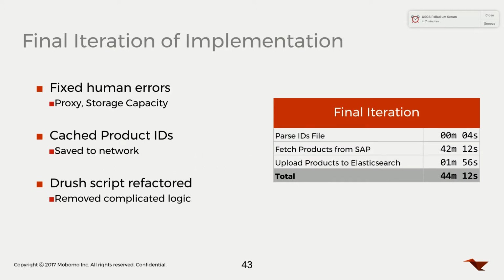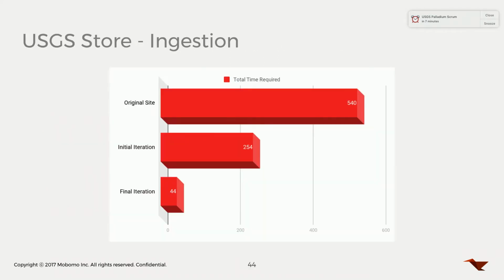The parsing of the ID tail takes about 4 seconds. For the product's response, we use the Guzzle HTTP library, and it will do 32 simultaneous requests instead of just 1. Then we upgraded the Elasticsearch part by doing batch inserting, and that got our total time down to 44 minutes. And if that wasn't good enough, we've got a handy chart here.